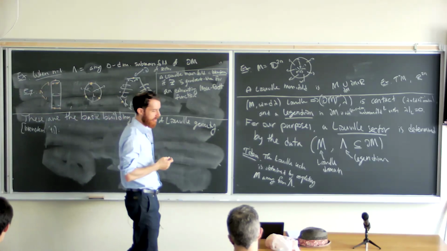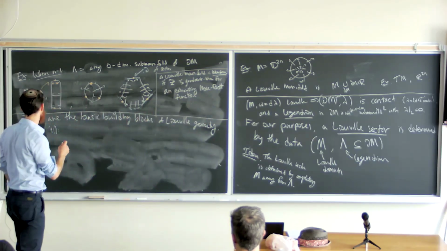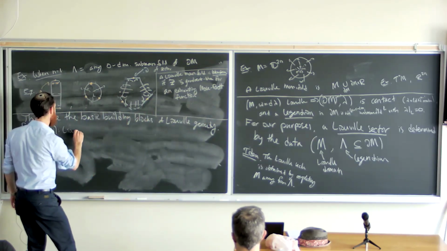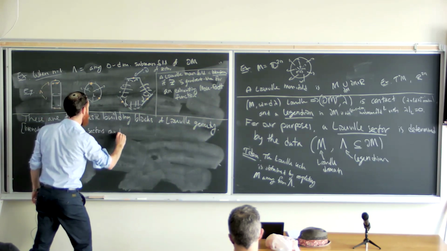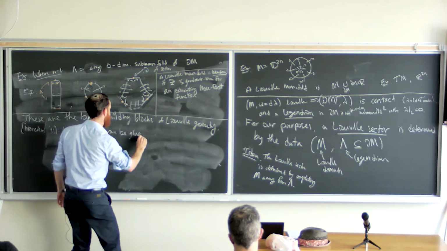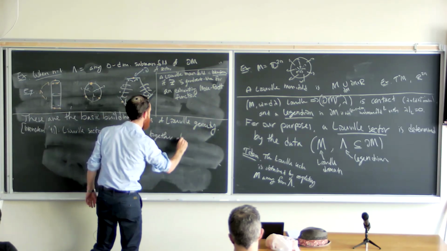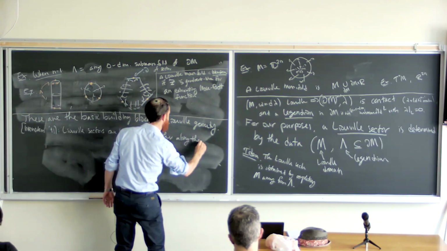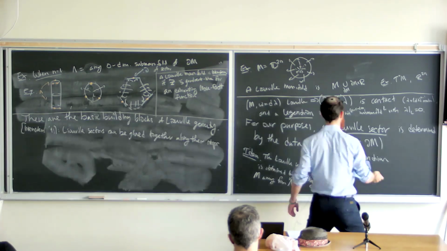And in the language of Liouville sectors, what it says is that Liouville sectors can be glued together along their stops. Sorry, stop is another name for what I call this Legendrian.